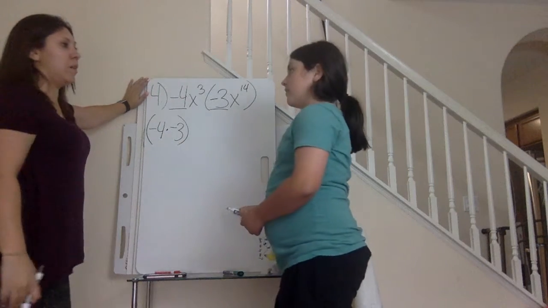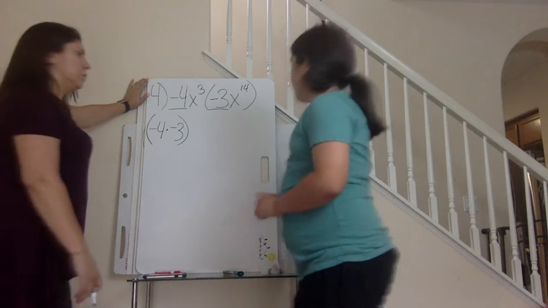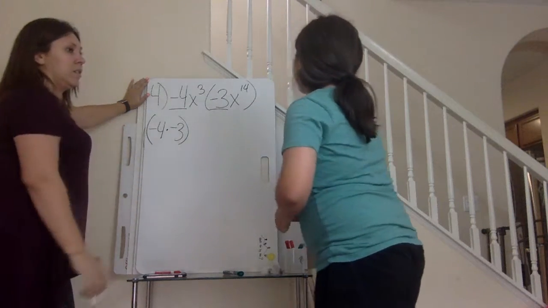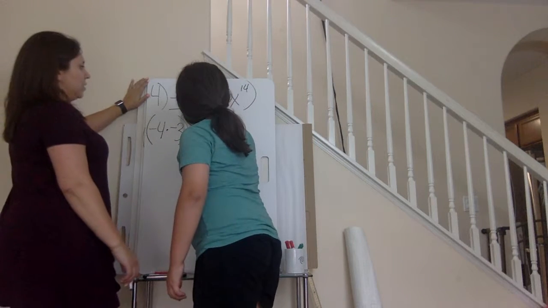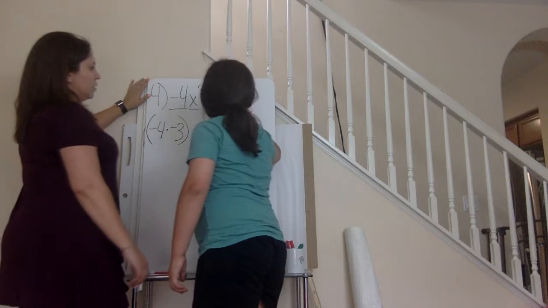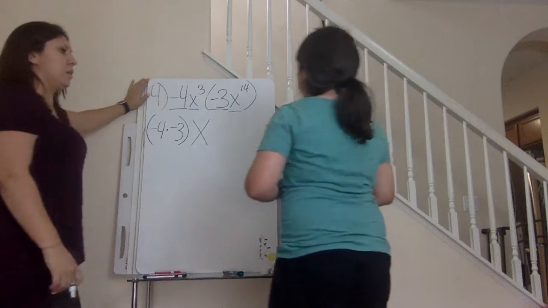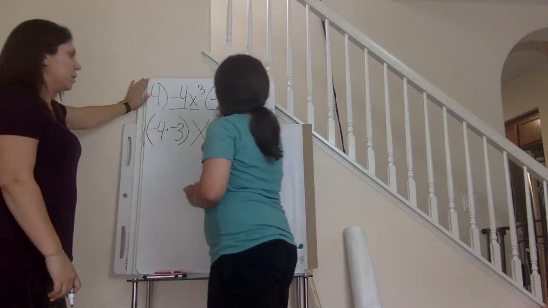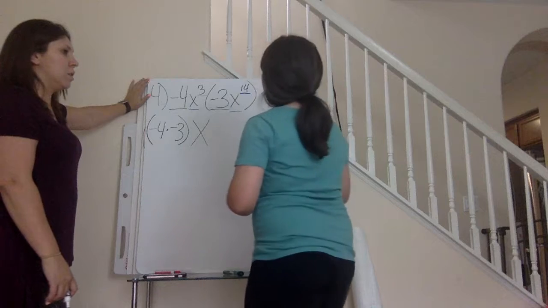Now we deal with what they have in common. So what do they have in common? The x. They both have an x. Okay, so I get x. What do I do now? You do these. What do I do with those? You add them up.